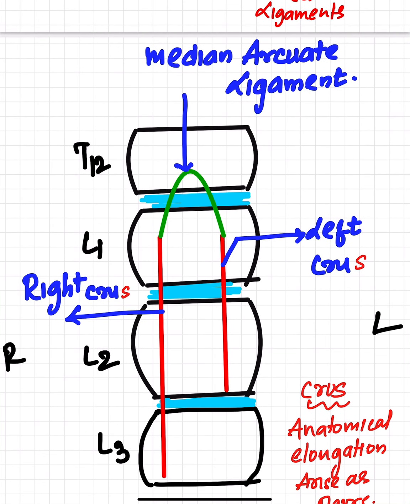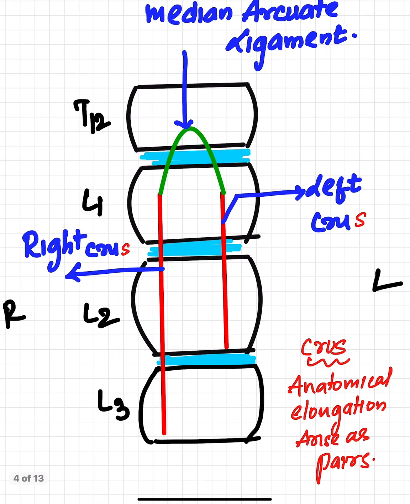Next, now I said I'll be talking about the crura. Crura is the plural and crus is the singular word. A crus is an anatomical elongation that arises in the form of a pair. The right crus is a vertical fleshy bundle that arises from the right side of the anterior part of the upper three lumbar vertebrae, including their intervertebral discs, and the left crus is a vertical fleshy band that arises from the left side anterior part of the upper two lumbar vertebrae, including their intervertebral discs.